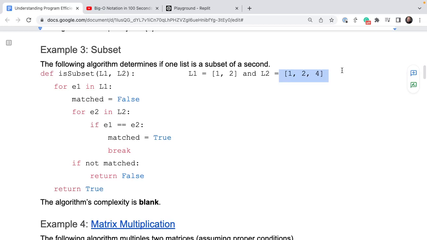Anyone have any ideas? You don't even have to give me a fancy function yet. Just kind of think of the classes. What would you all say?